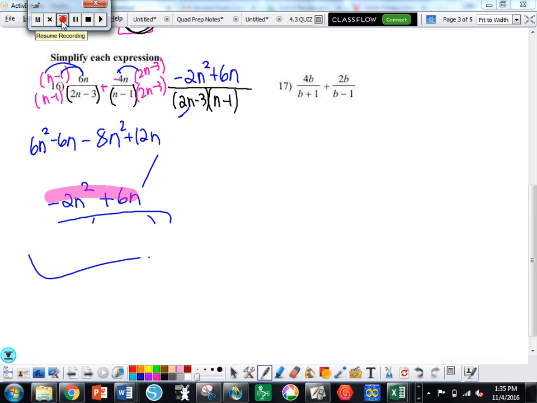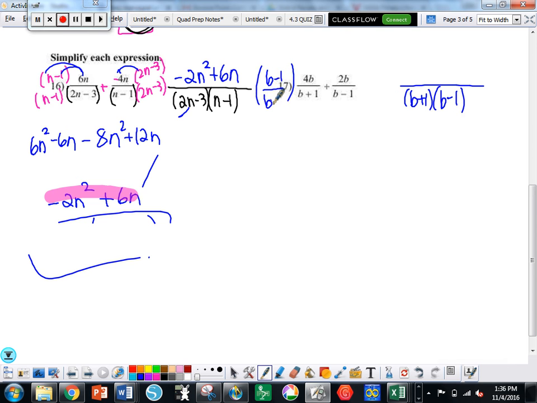Okay, number 17. Number 17, let's look at this one. Common denominator is really close, but that minus plus makes a difference. So b plus 1, b minus 1. Looking at the first fraction on top and bottom, it needs to be minus 1.